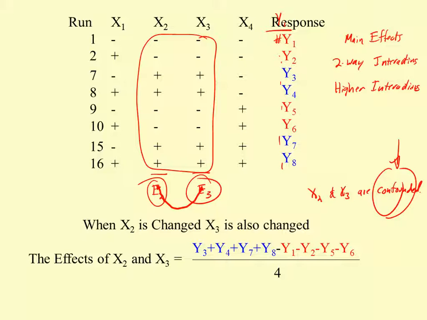We confounded main effects with each other. That's bad, right? We have 2 different variables, x2 and x3, and we haven't studied them independently. So these are two really important things. They ended up being confounded together. We don't like that. If you have to confound something, what would be the best way to manage it?